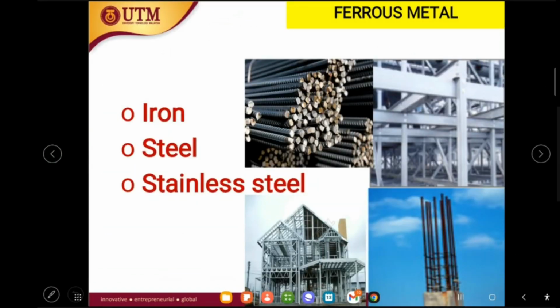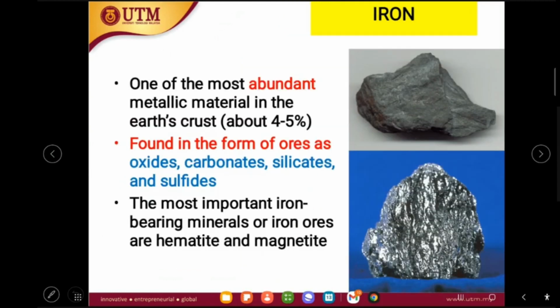We'll talk about this in detail, which is for the iron, steel, and also stainless steel, and what the applications in the industry are. In the very beginning, since most of the ferrous metals, no matter whether it is a pure ferrous metal or a ferrous alloy, most of the composition of this material is actually iron.